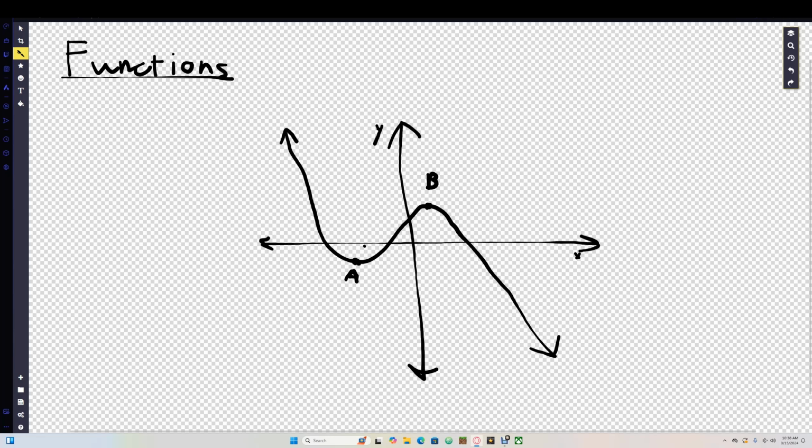As x increases, y decreases, right? Because even though there's some fluctuation here, ultimately, as x increases, y is decreasing. And as x decreases, even though there's some fluctuation here, y is increasing. So as x is decreasing, y is increasing. That would be the end behavior of this function.